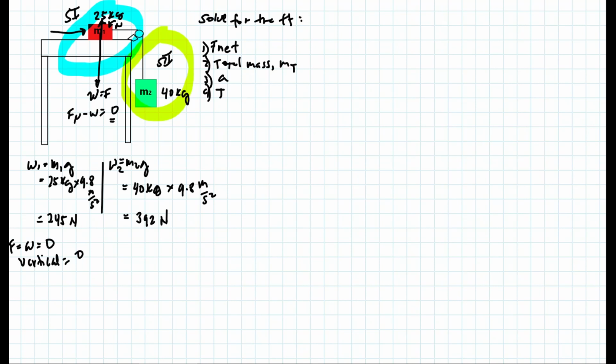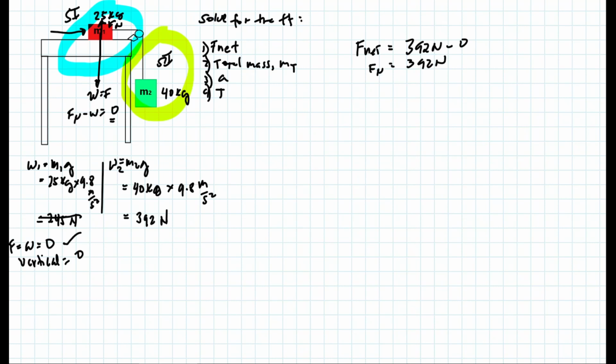Now, in order for us to determine F net, or the total force present in systems 1 and 2, we simply subtract the smaller value of weight from the bigger value of weight. Our W1 is 0, therefore we have 392 newtons minus 0, which gives us 392 newtons.